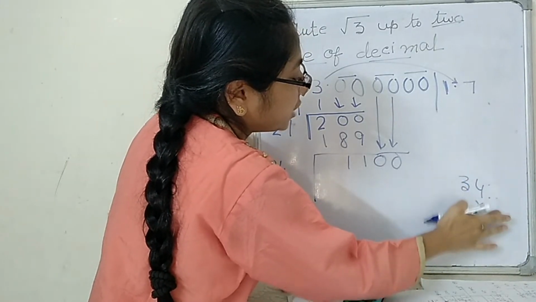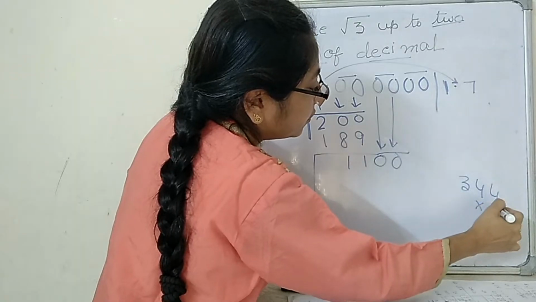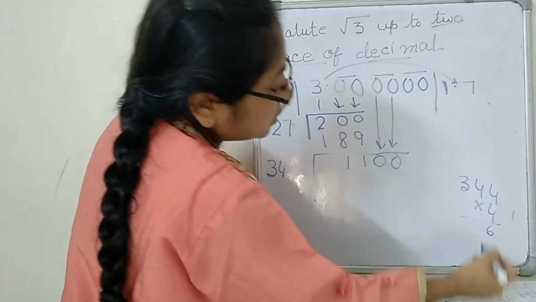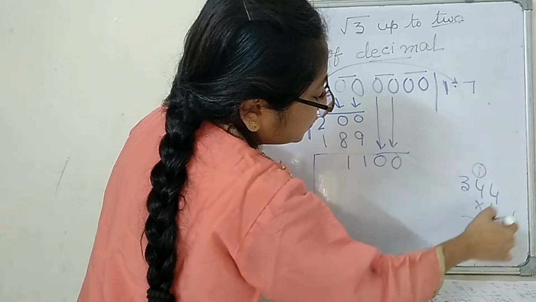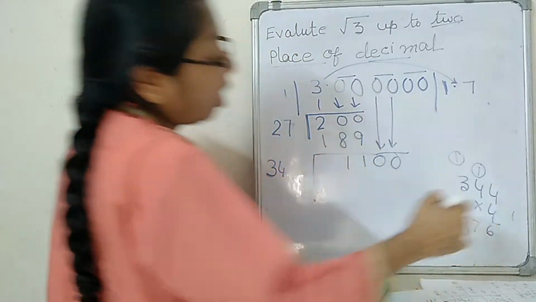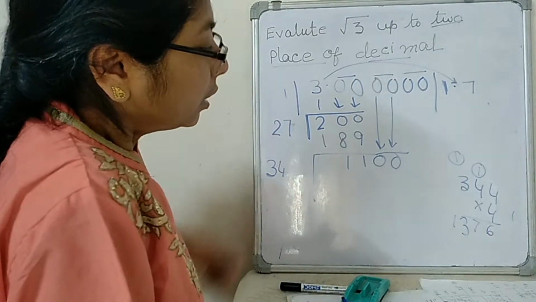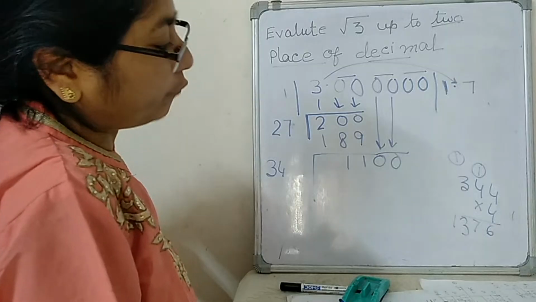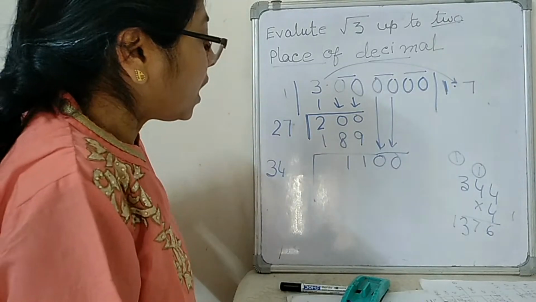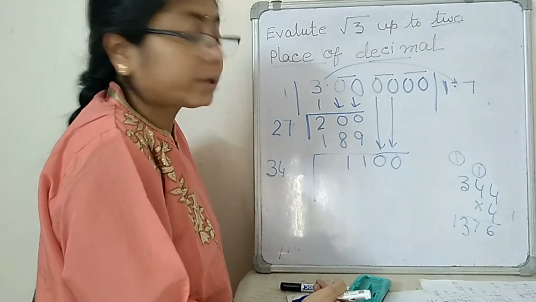By 4, check by 4. 4 4s are 16. 16 and 1 carry forward. 16 to 17. 1 carry forward. I take 344 and multiply it by 4. The result is 1376. But it exceeds the number, so I can't take it.